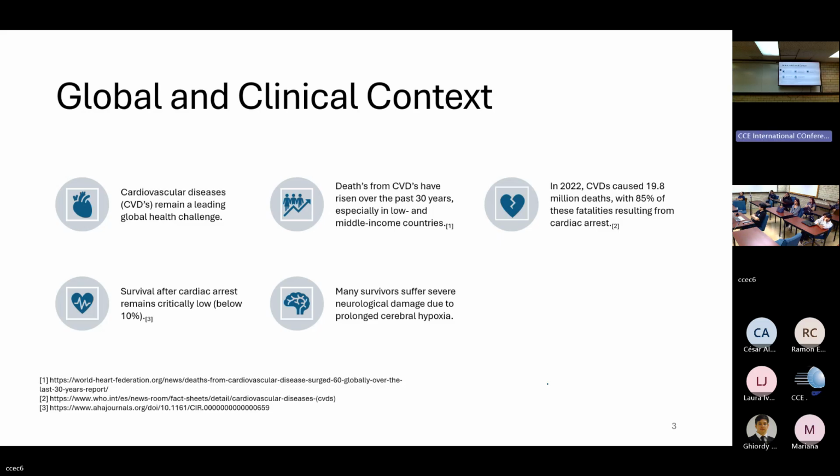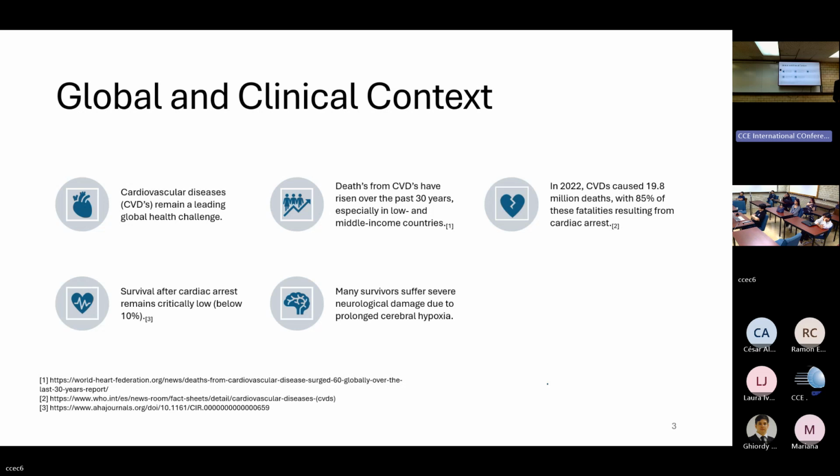If you see statistics in cardiovascular diseases, yes, well, the pandemic was an issue, but it didn't affect as much as to consider that COVID affected specifically cardiovascular diseases.